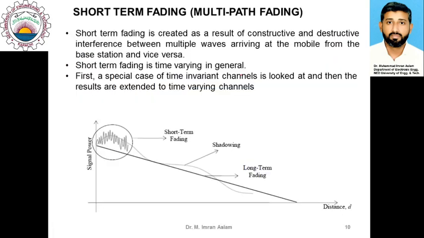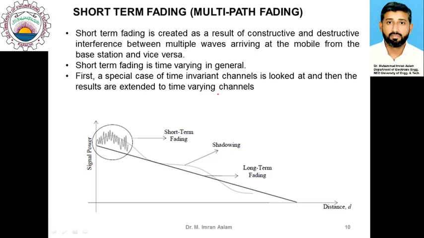So let us now move back to our discussion of short-term fading. In last week's discussion, we talked about short-term fading, which occurs because of the constructive and destructive interference between multipath waves arriving at the mobile station. Generally, short-term fading is dependent on time, because with time this fading changes.